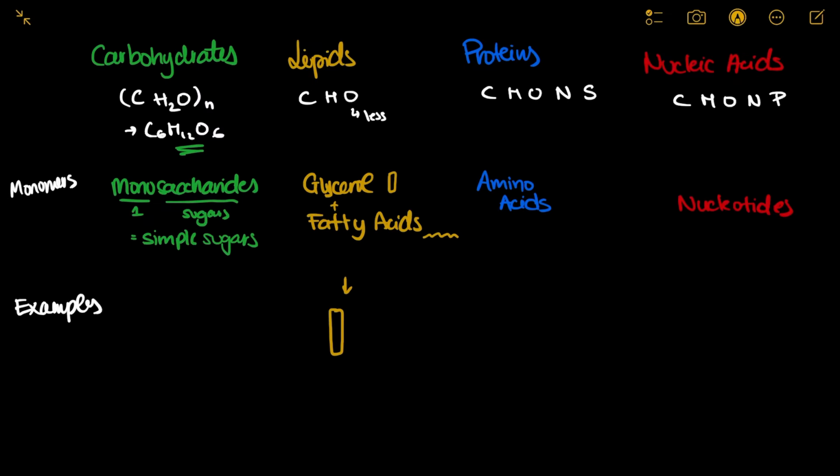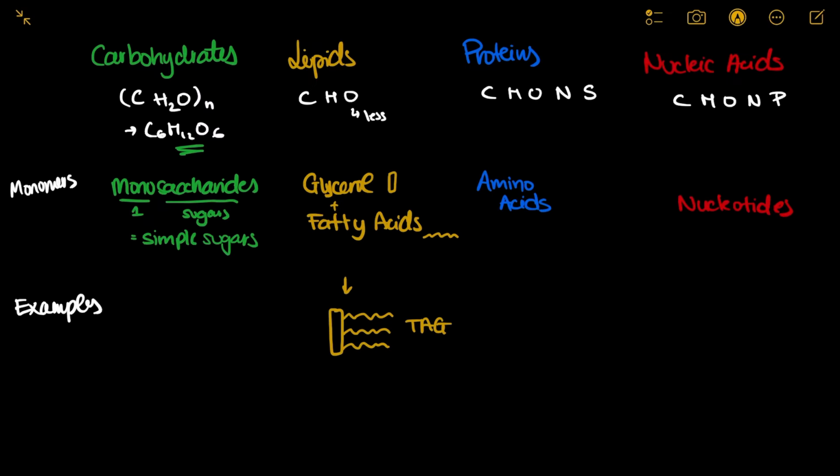So if we have, for example, one glycerol molecule and 3 fatty acids, like this, it makes triacylglycerol, which is shortened as TAG. This is a very important lipid, which is used, for example, in lipid storage, in fat tissue.